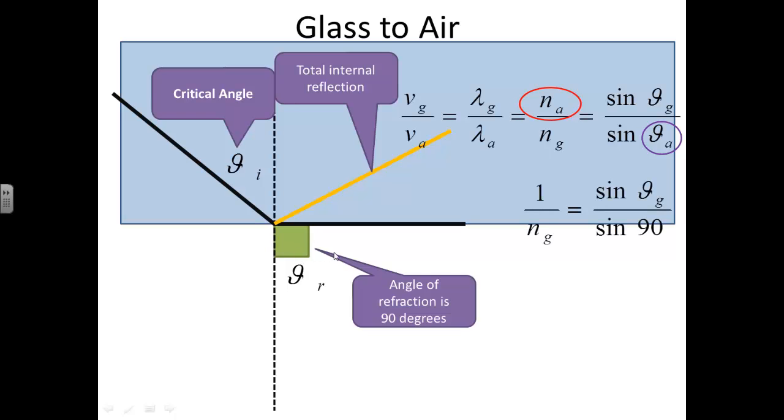So we can write it like this: 1 over Ng, which is the refractive index of the first medium, which is the glass, is equal to the sine of the angle of incidence in the glass compared to the sine of 90 degrees. We can simplify that because we know what sine of 90 degrees is, and it is equal to 1. And not a lot of people know that.